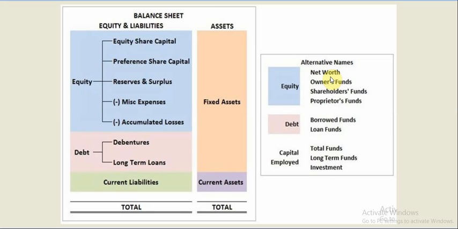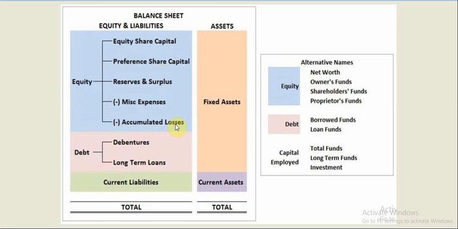That is the net worth of a company. The same way, if you look at this, assets minus the liabilities, that is long term as well as current liabilities, will give what? It will give equity. That is why equity is also called net worth. So one way of calculating equity is equity share capital plus preference share capital plus reserve and surplus minus miscellaneous expenses minus accumulated losses.